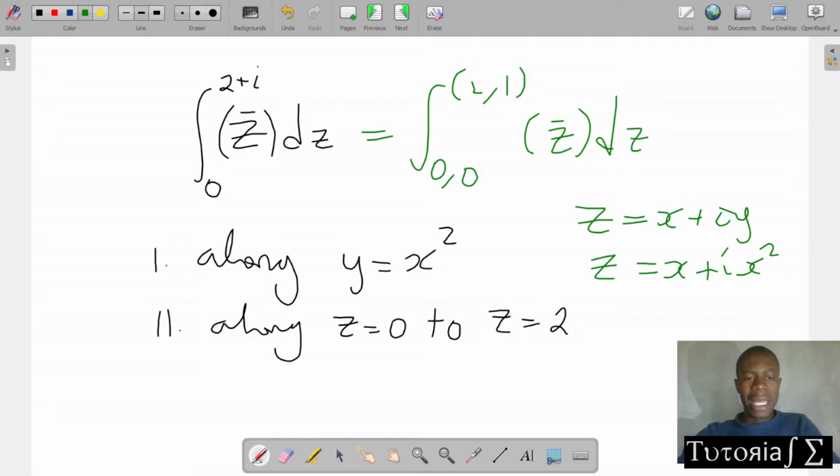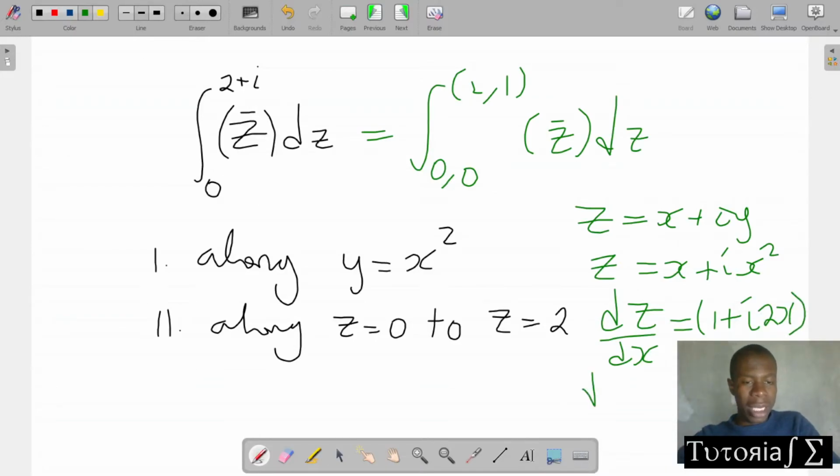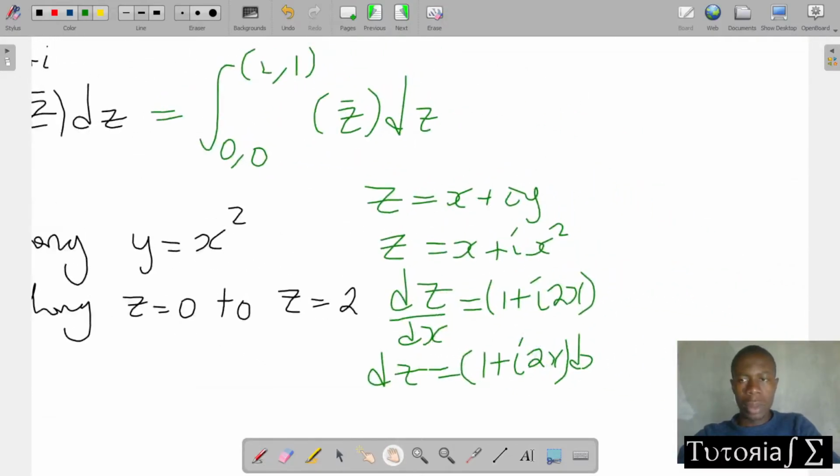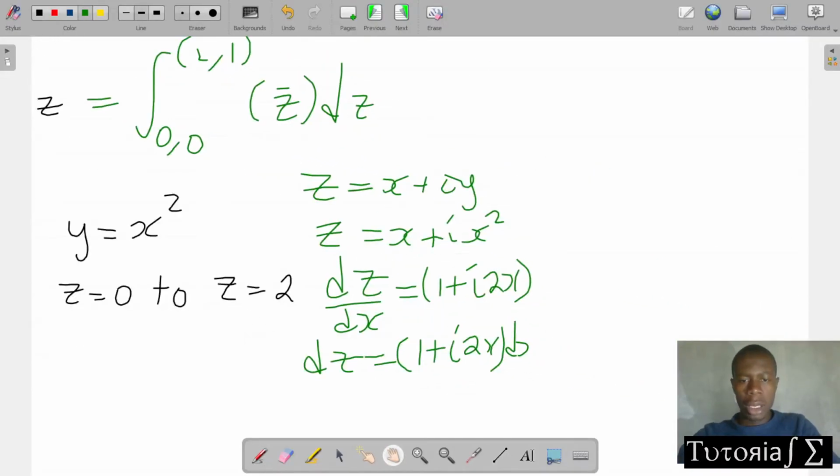Meaning that our dz/dx will be equal to 1 plus i 2x, meaning that our dz is now equal to 1 plus i 2x dx.